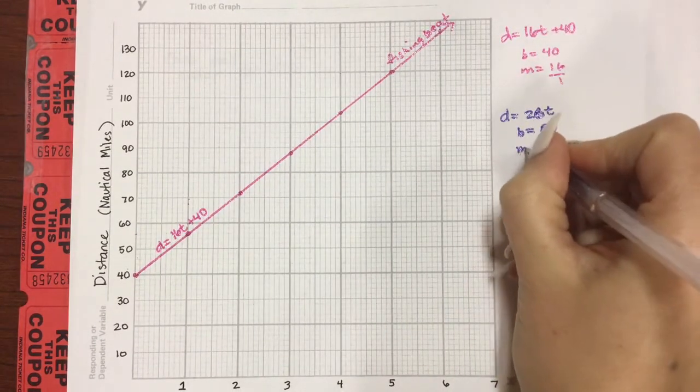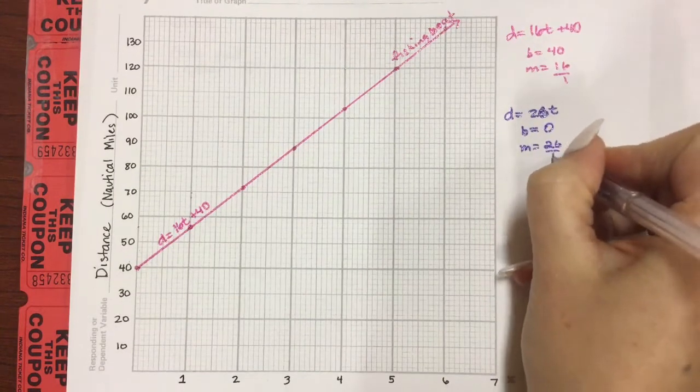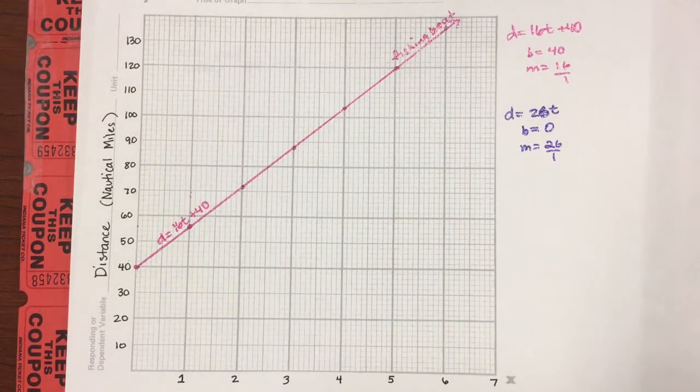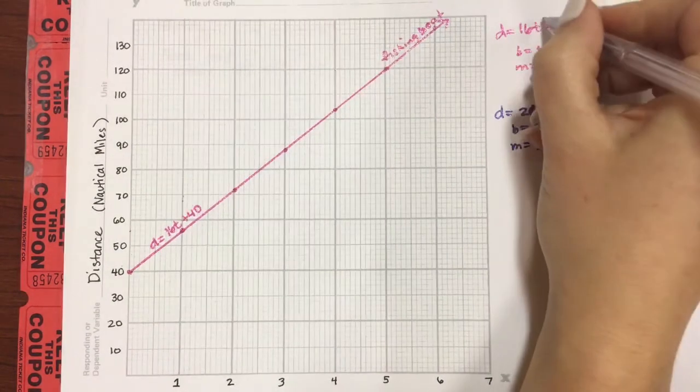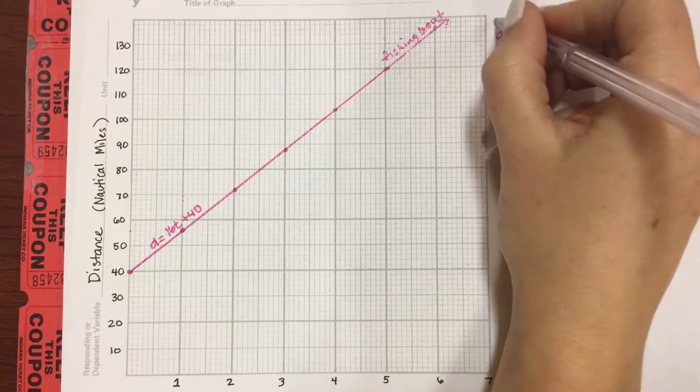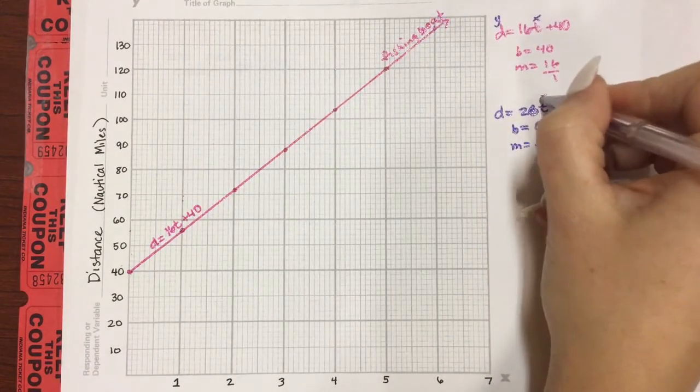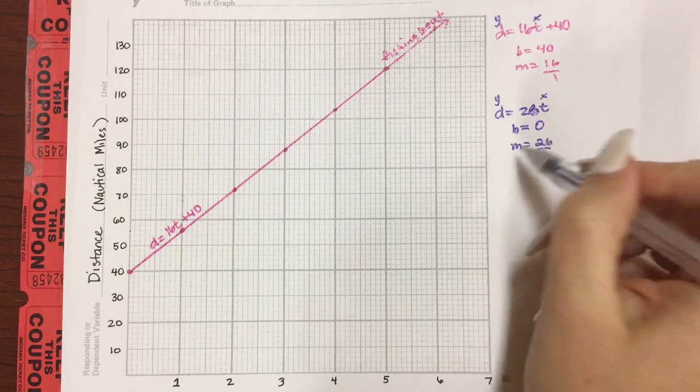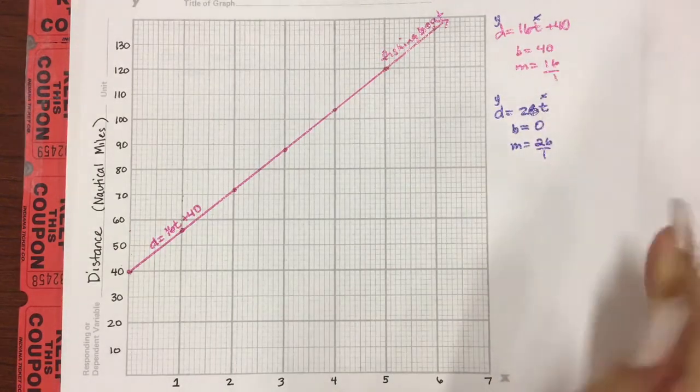And then the slope is equal to 26 over 1. Perfect. Because the t is like our x, and the d is like our y. So the slope is always the number in front of the x.